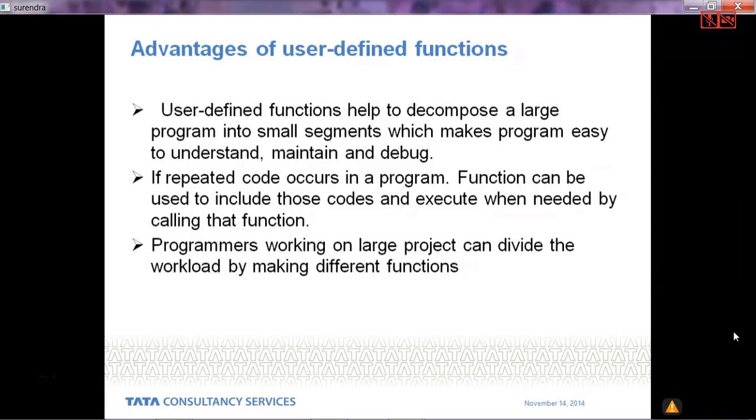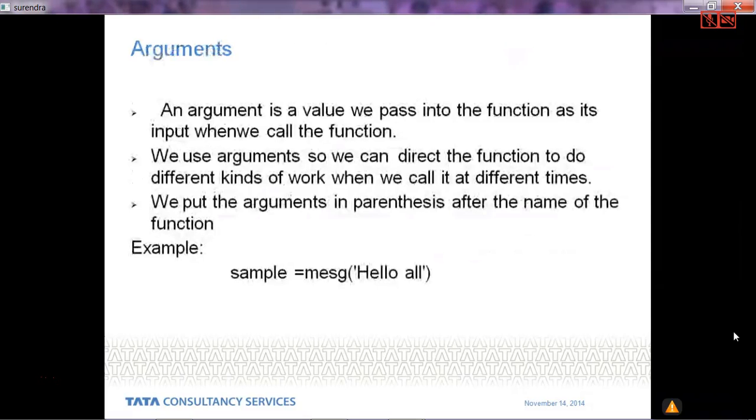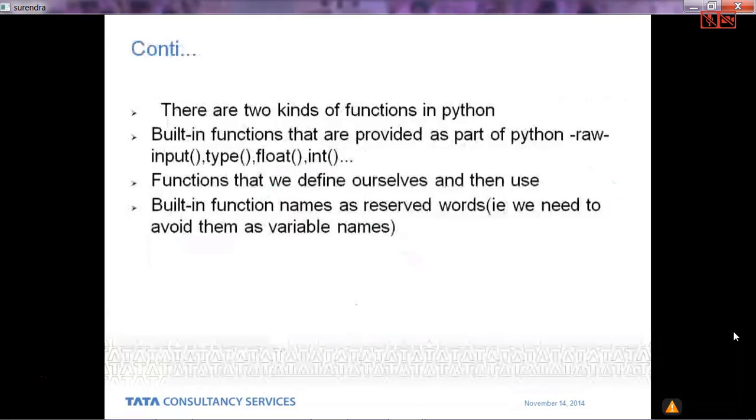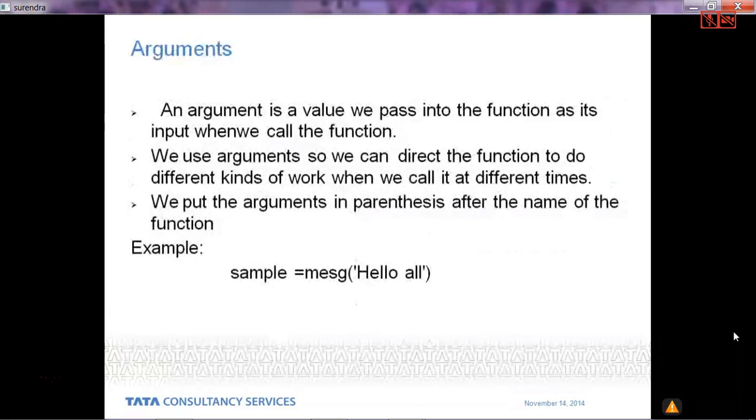So now we are going to talk about arguments, parameters, and return value. I told you, we'll discuss arguments, parameters and return type. Before we start writing a simple program in functions, we'll see the definition of arguments, parameters and return value. An argument is a value we pass into the function as its input.